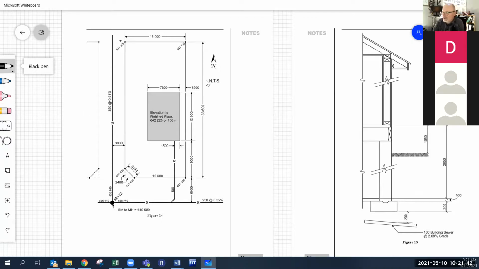Okay, next question. We're almost done here, which is great. What is the largest elevation difference on the lot? 780 millimeters. No, what is the largest? Like go from northwest to southeast? Northeast to southwest.